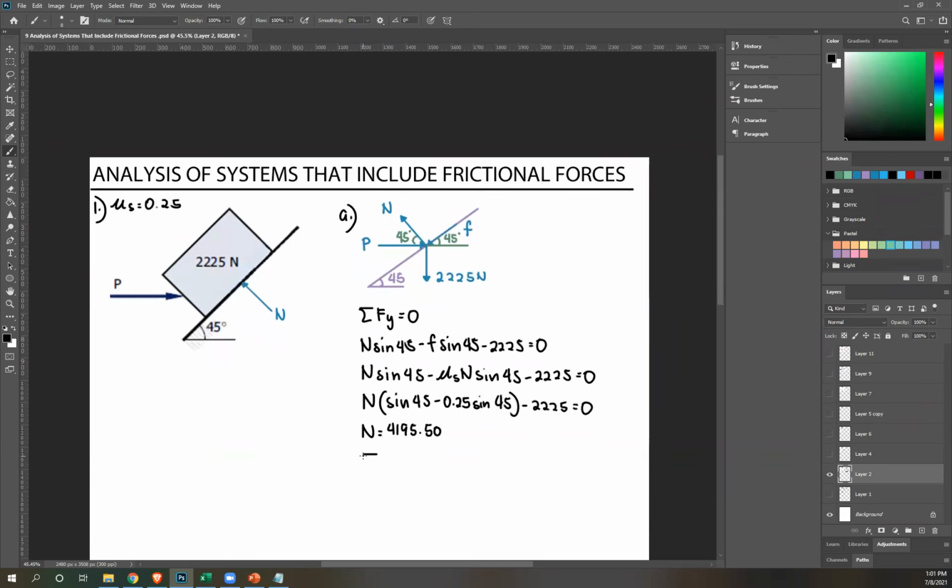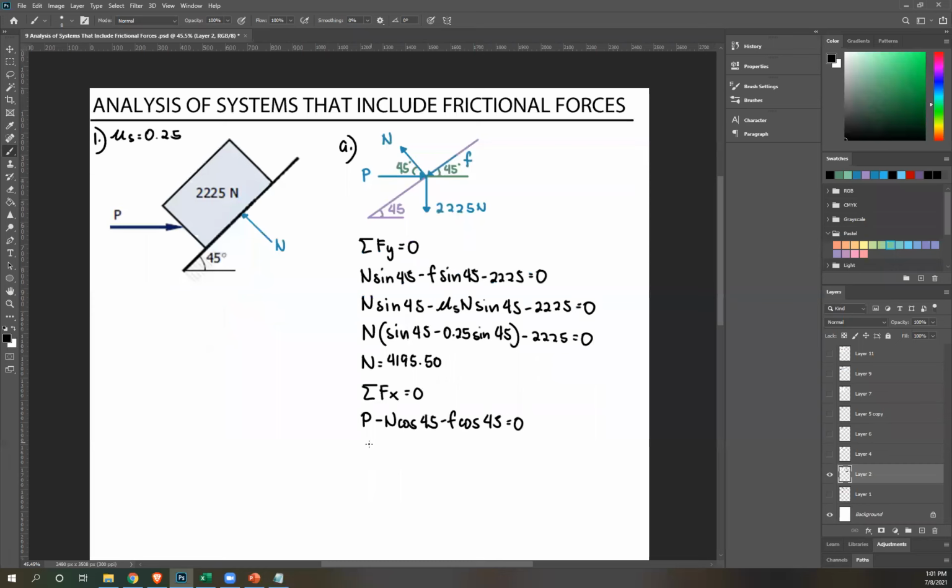Move on to summation of forces x equals 0. Okay, p is to the right, so p, n is to the left, so negative n, cosine, or horizontal component, 45. F is also to the left, so negative f cosine 45 equals 0. And once again, F is mu n.